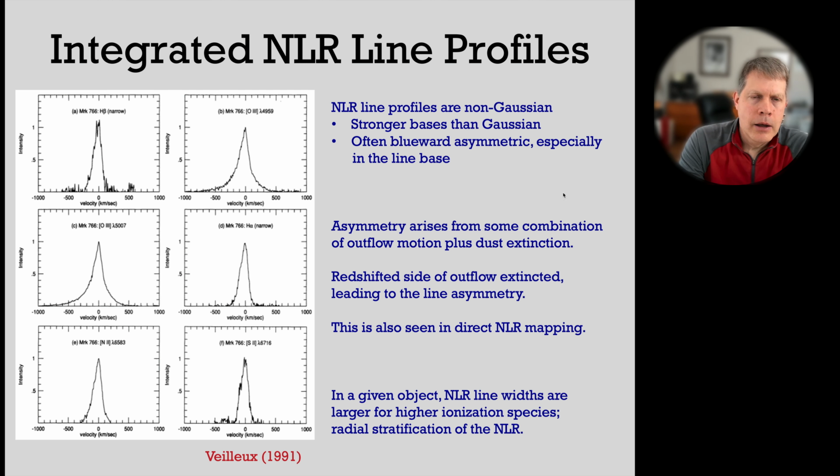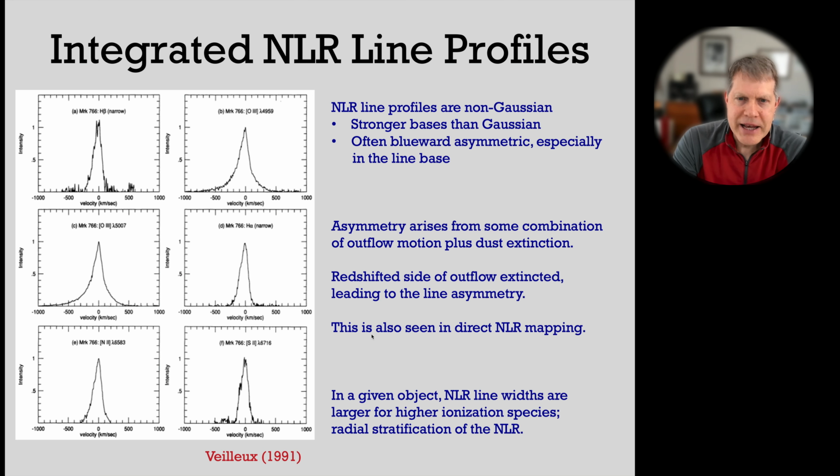Okay, and again, when you have an outflow, the blue side of the outflow is the side that's closer to you, and thus is the side that is less prone to dust extinction, whereas the side that would be redshifted is more prone to extinction, and that's what leads to the line asymmetry. So again, this is the side that's closer to us, that is coming toward us. It's less extincted. This side over here is more heavily extincted, and that leads to the blueward asymmetric line profiles, at least to a first approximation. That's what people think is largely causing this basic effect.